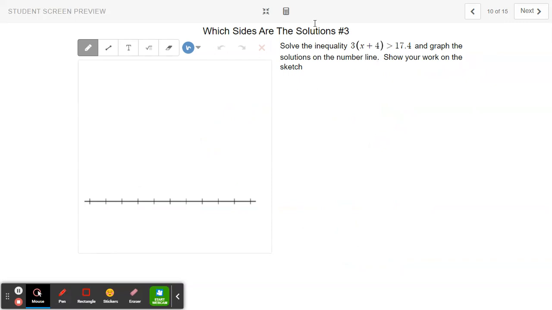So now they're saying, let's find this solution and graph it on the number line. Show your work on the sketch pad. Well, to solve the inequality, what they're basically asking us to do is to find all the solutions that could possibly work. And here's what you can consider doing, right?